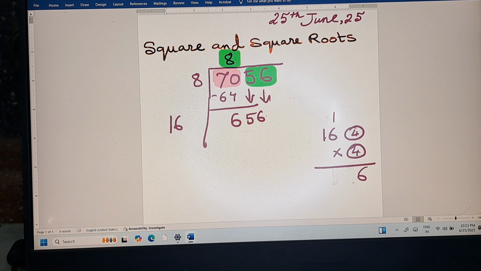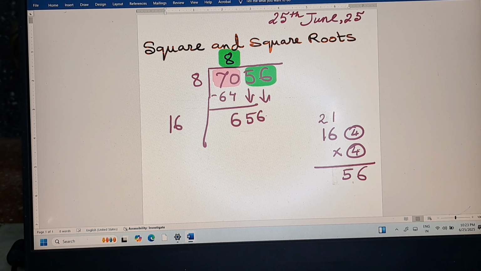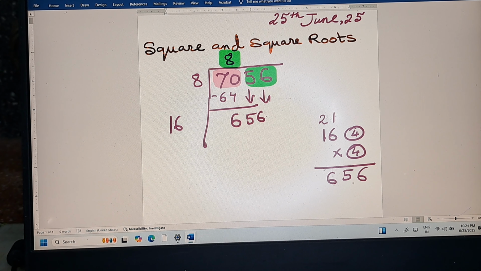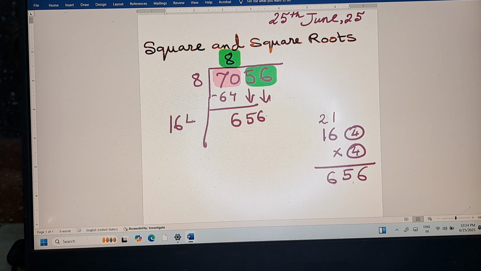Very good. So 6 into 4 is 24 plus 1, 25. And 4 into 1 is 4 plus 2, 6. So we got 656. So you need to put one 4 over here and one more 4 over here to get 656.